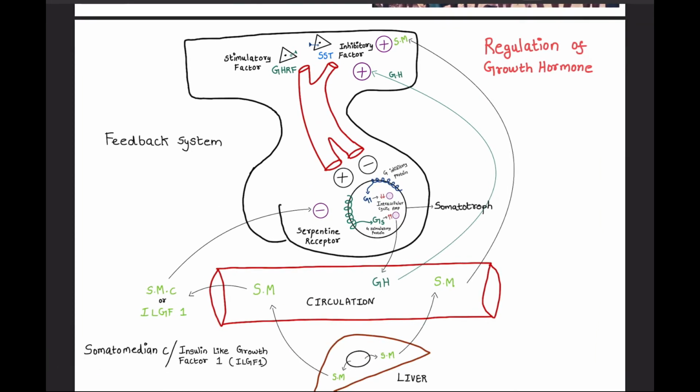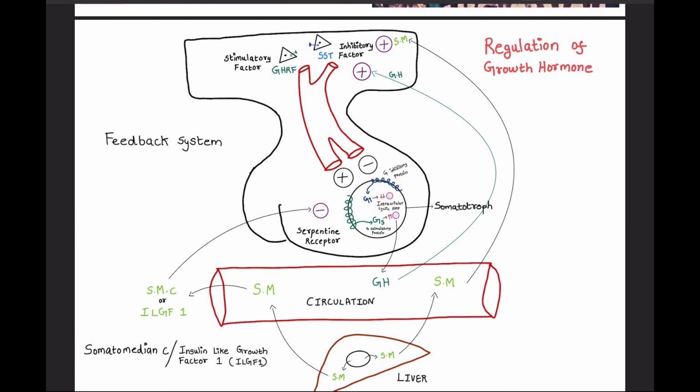The normal function of a stimulatory factor, that is growth hormone releasing factor, is activating the G stimulatory protein inside the somatotroph cell by acting through the serpentine receptor. The normal function of the inhibitory factor, that is somatostatin, is inhibiting the growth hormone synthesis and release by activating the G inhibitory protein through the serpentine receptor.